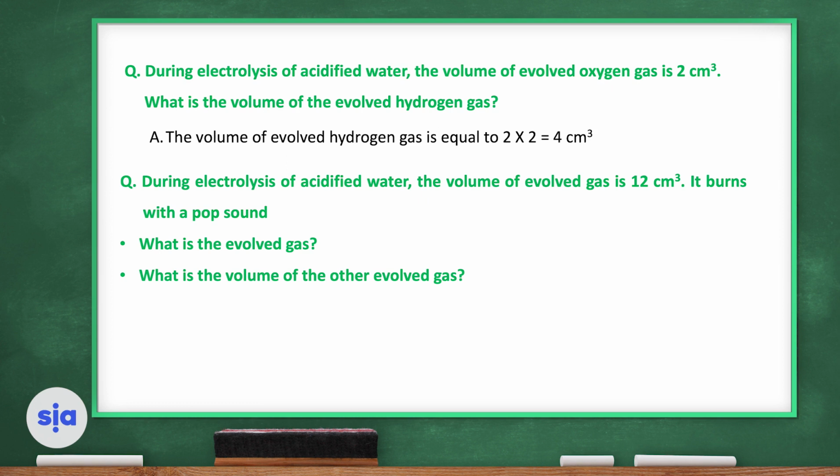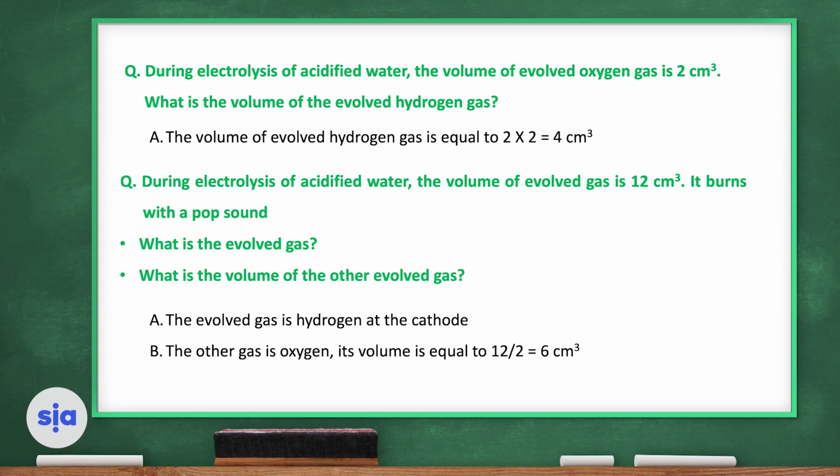Of course, we know that the gas that burns with a pop sound is hydrogen. So hydrogen evolved at the cathode. If the hydrogen volume is 12 cubic centimeters, the oxygen volume is half of it, so it will be equal to 6 cubic centimeters.